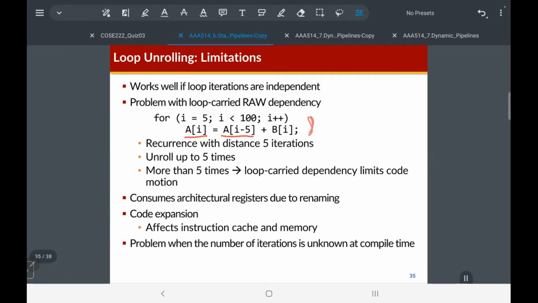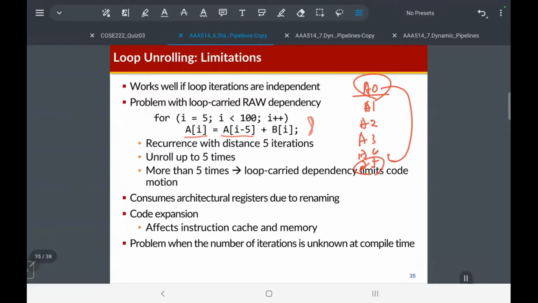If we draw an iteration diagram such as A0, A1, A2, A3, A4, and A5, then we can know that A5 needs the data from the loop A0.